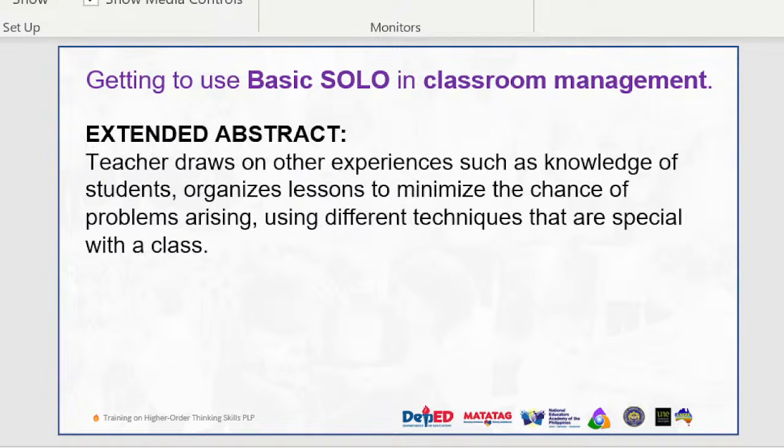The extended abstract, the teacher draws on other experiences, such as knowledge of students, and organizes lessons to minimize the chance of problems arising, using different techniques that are special with the class. That's the extended abstract.